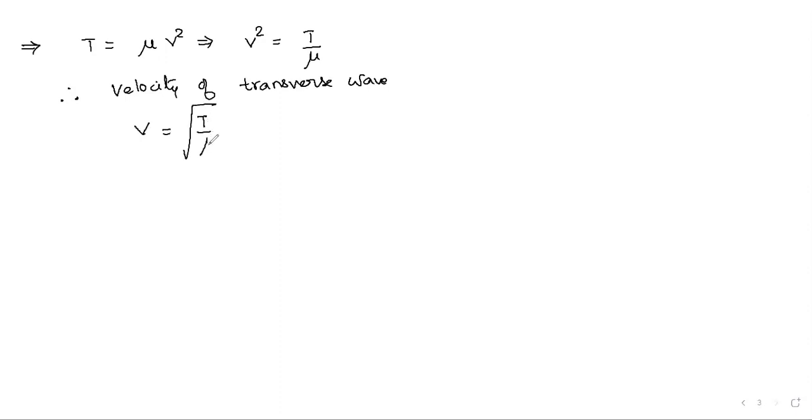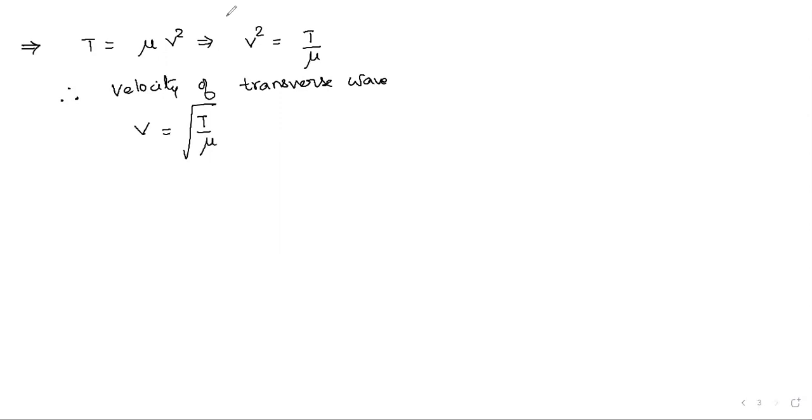Now you are getting the formula for velocity. V square equals T by mu. Therefore, velocity of transverse wave v equals root of T by mu.